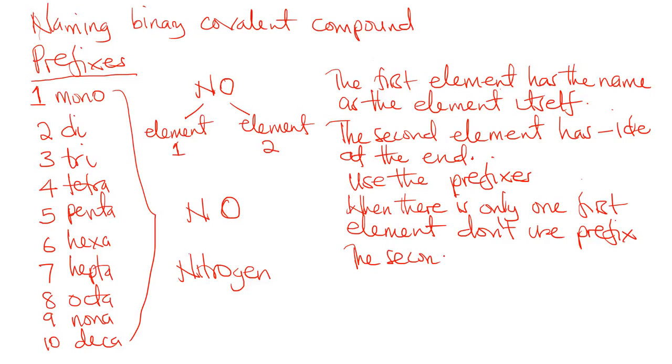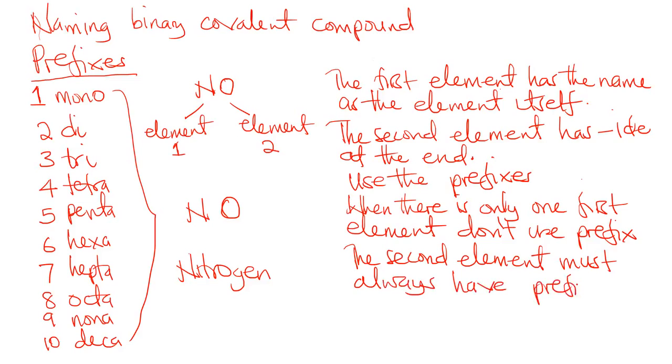The second element must always have a prefix. So the second element here should be, because there is one oxygen, so we'll come here, 1.